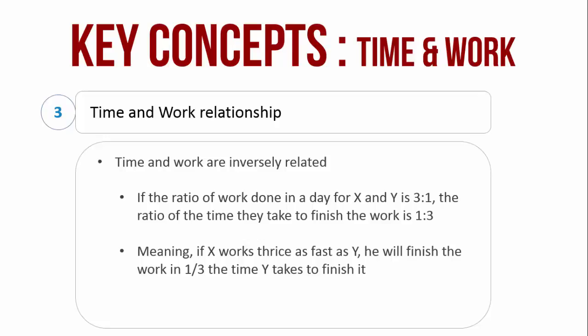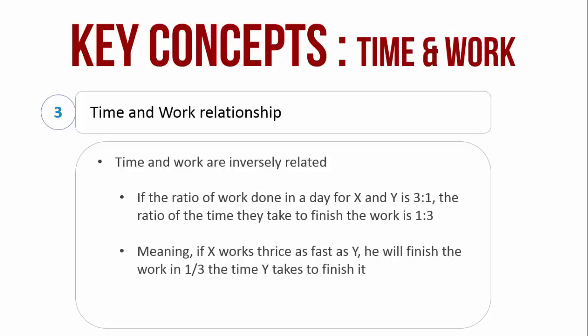That is, if the rate of working is really low, the time taken to complete the task shall be high. For example, if the ratio of work done in one day by x and y is 3:1, the ratio of the time that they will take to finish the work shall be 1:3, because x works 3 times as fast as y. Also, that means that x will finish the work in 1/3 the time that y takes.